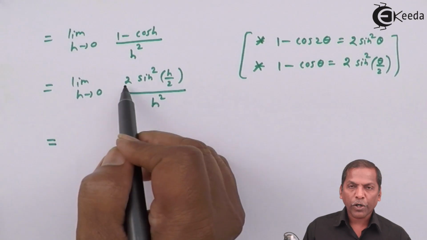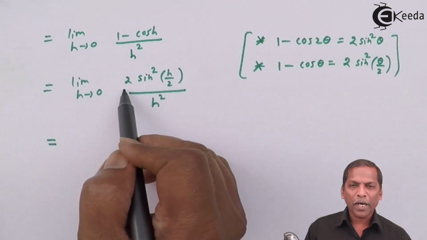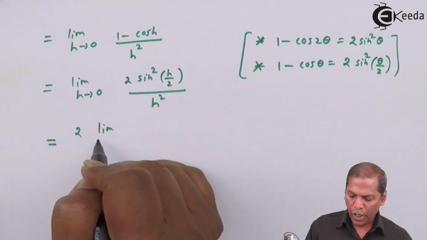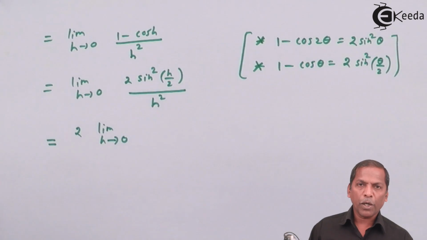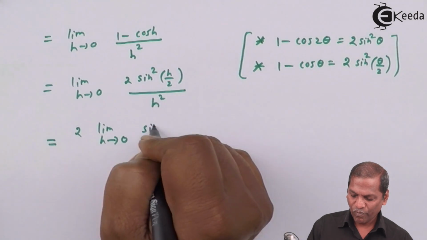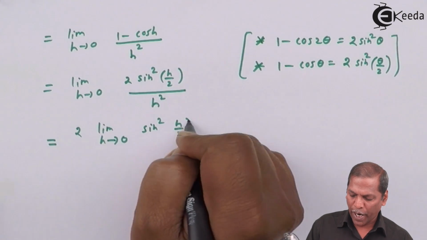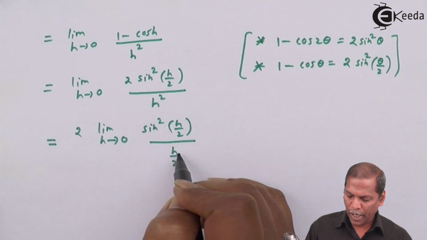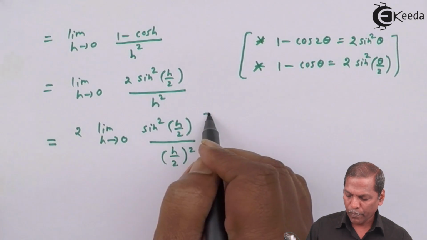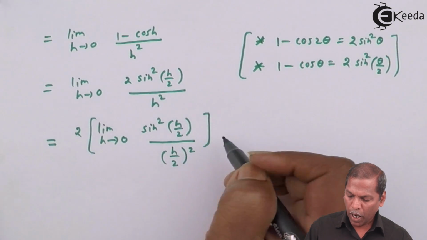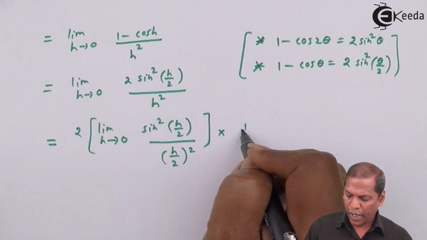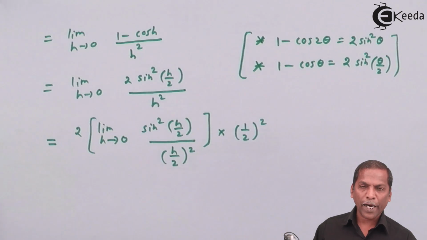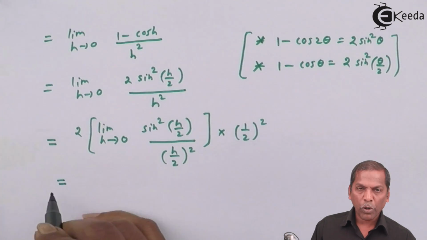Now here 2 is a constant term, so we take it outside the limit. So 2 into limit h tends to 0 of sine square (h by 2) upon, we write the same term, (h by 2) the whole square, and into, we write (1 by 2) the whole square. So this is our adjustment to get the rule.